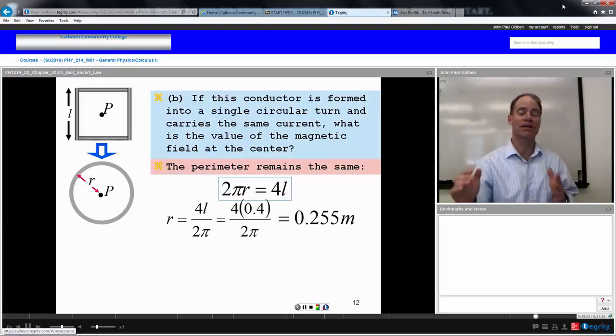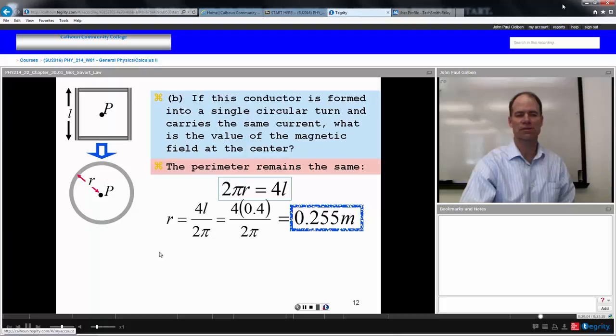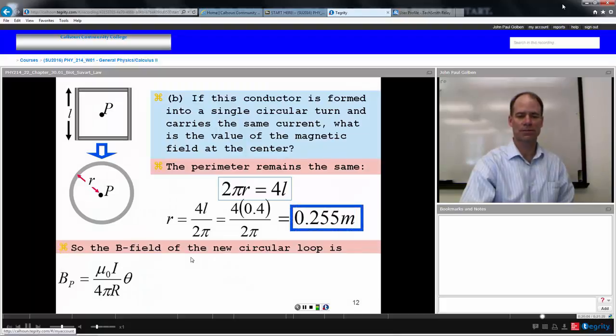Now we can calculate the magnetic field at the center of this circular loop because we have a result for arc lengths from the Biot-Savart law. So our magnetic field should be equal to mu naught I over 4 pi r times theta. In this case, theta is going to be 2 pi radians.